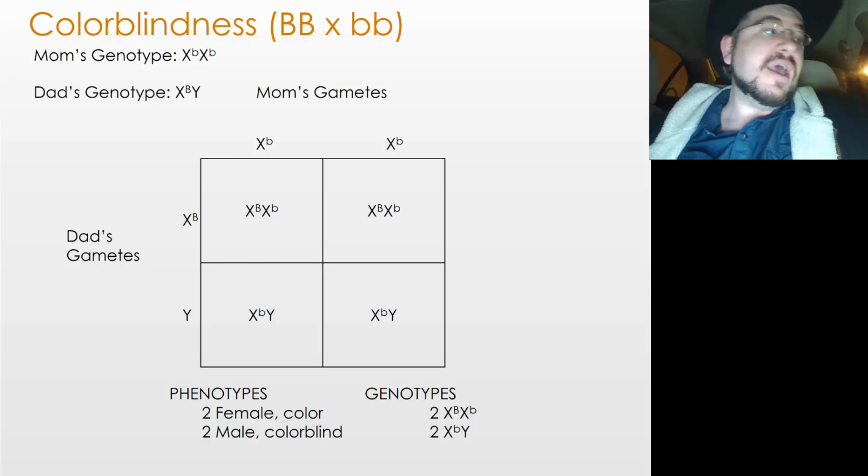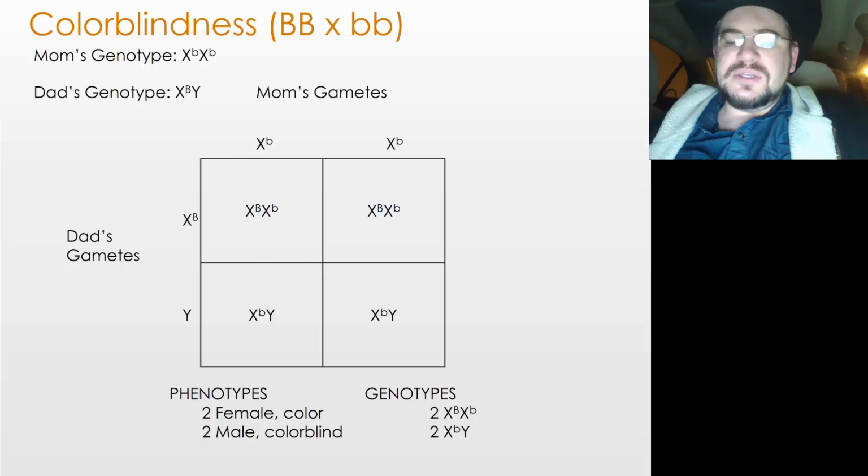If you'll recall, a carrier is someone who has the allele for a recessive disorder, but does not display the recessive disorder. So the daughters have 2 X chromosomes and are carriers, whereas the sons fully express it.